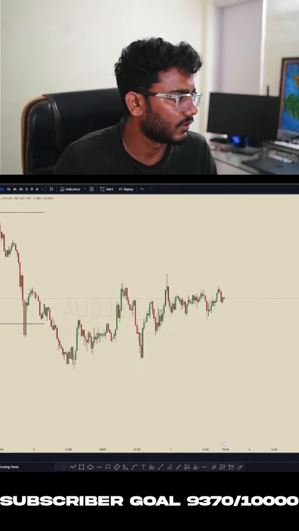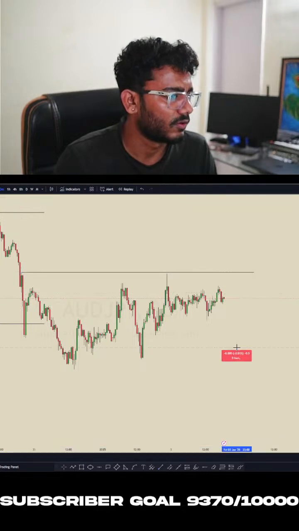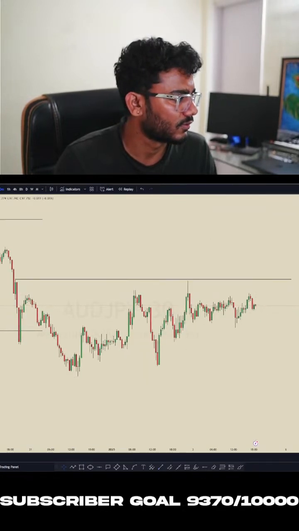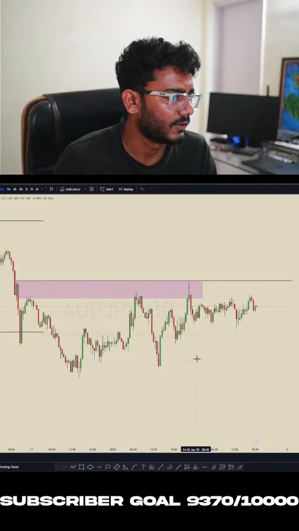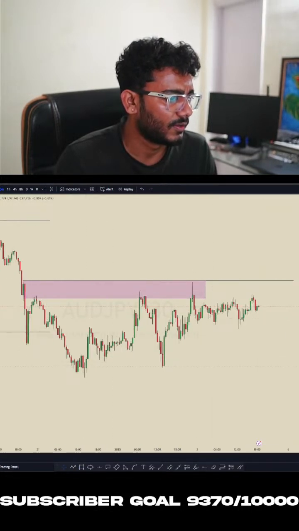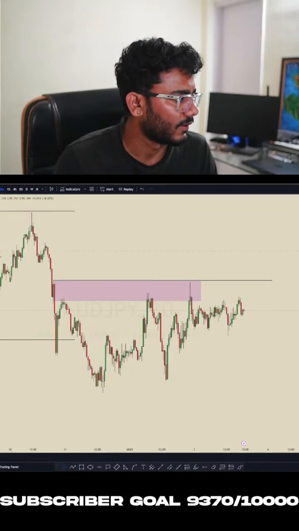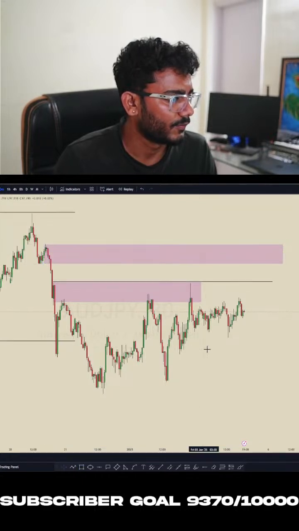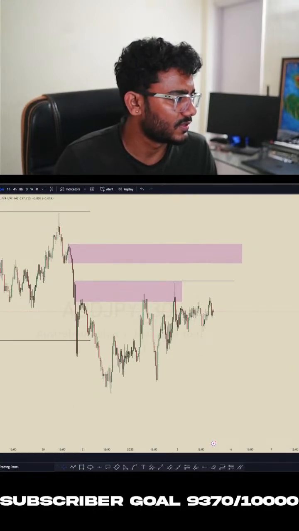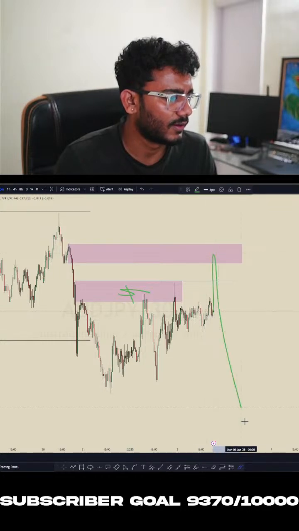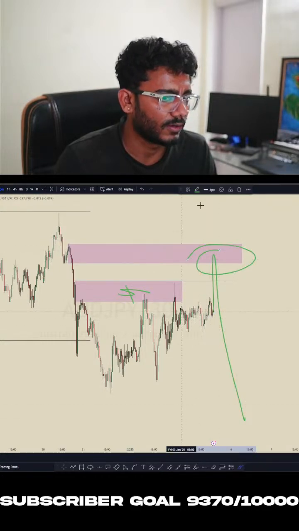Right now, I think there is a lot of liquidity sitting above this area, which is mitigated. Price came and tapped this area 2, 3 times, and there is an order block above this area. So I think because this area is now mitigated, it becomes liquidity. So price can sweep this liquidity, and then it can tap this order block, and it can continue to the downside.